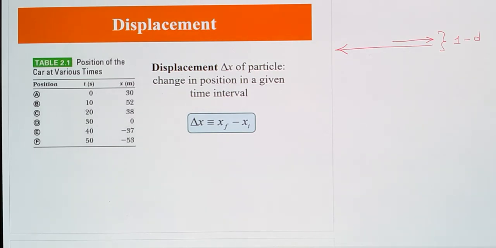So distance is just a number: 5 meters, 6 meters, 7 meters, 10 meters. Displacement is a number with a direction. Positive 10 means from the origin you go to the right. Negative 10 means from the origin you go to the left. That's the difference between displacement and distance. Distance is just positive.